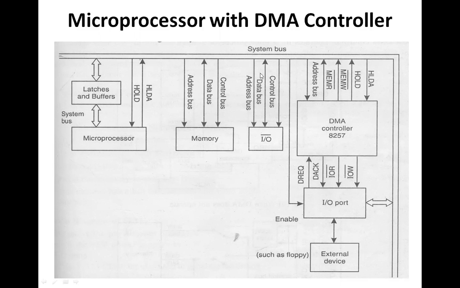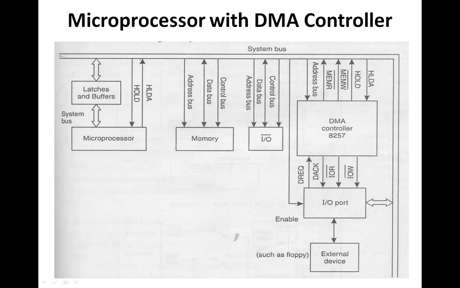Once this hold signal has been received by the processor, whatever current instruction it is executing, it stops temporarily after executing that instruction, and the processor is going to release the buses by putting its data bus, address bus, and control bus into the high impedance state, and it sends a hold acknowledge signal from the processor to the DMA controller.